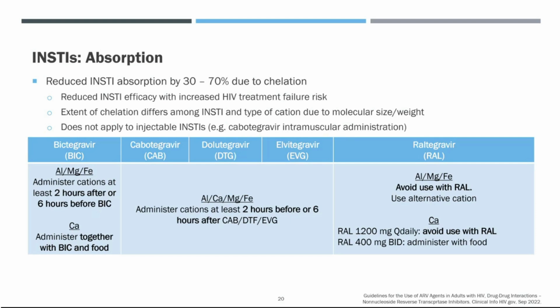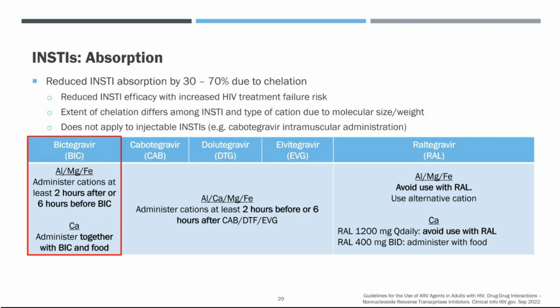By the way, I want to highlight here that these absorption issues with INSTIs do not apply to the injectable INSTIs. A common example is the cabotegravir IM injection that we use for Cabenuva for HIV treatment and Apretude for the HIV PrEP regimen.